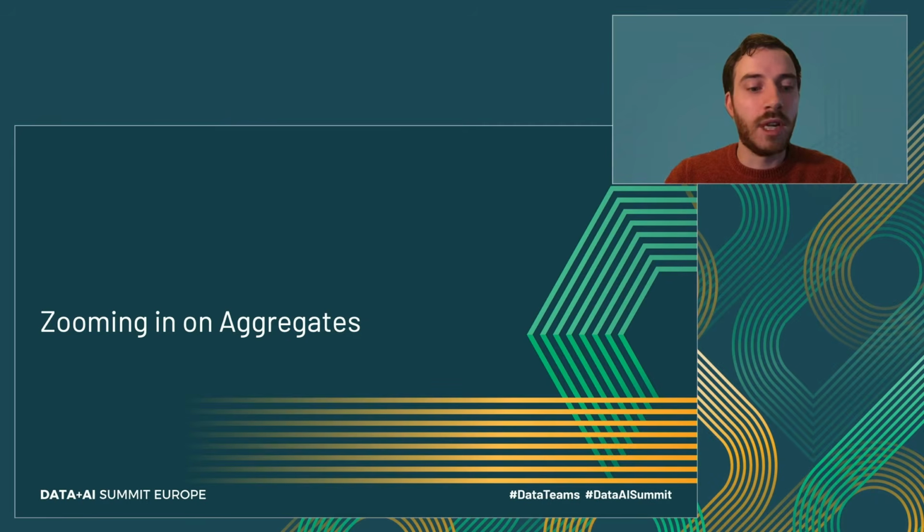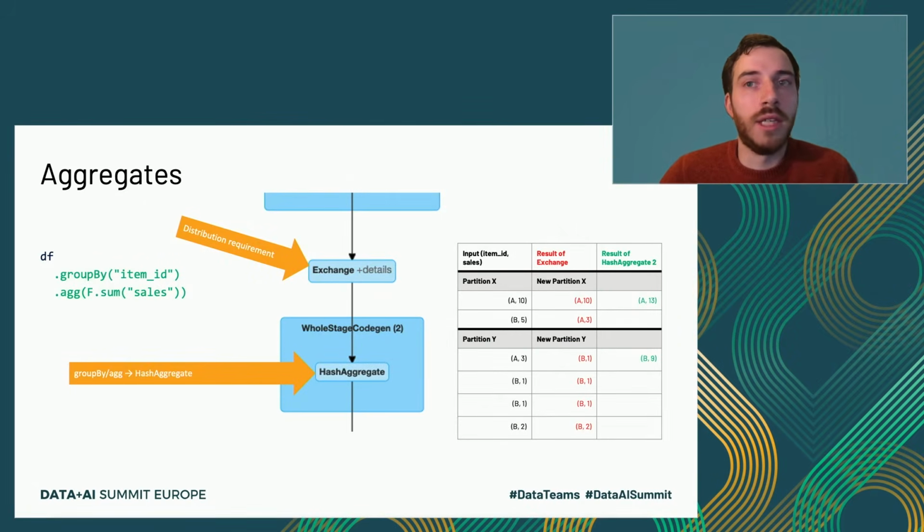Before I let Max speak again, I first want to zoom in on the aggregate operators here, which are an example of wide transformations. On the left, we do a group by aggregate on a data frame. We want the sum of all sales per item ID.